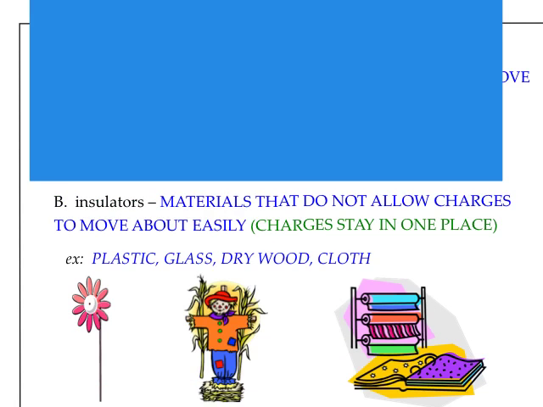Insulators, on the other hand, are going to do the opposite. These materials do not allow the charges to move very easily. So that means that those charges are going to stay in one place and they're not going to flow throughout a circuit. Some good examples would be plastic, glass, dry wood, or cloth. So these are types of insulators.